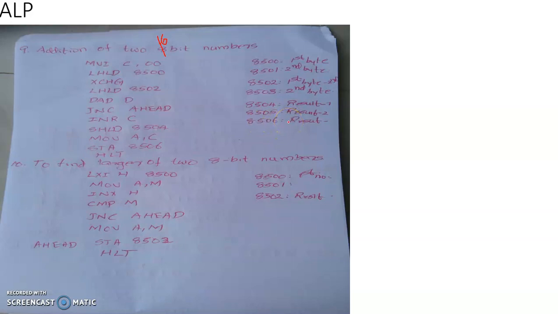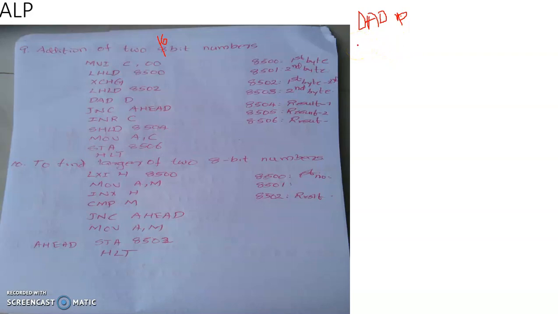Now how can this addition be performed? In order to add two 16-bit numbers, we have the instruction DAD register pair. In this instruction, the content of the HL pair will be added with the content of the register pair whose symbol is mentioned, and the result will be placed in the HL pair.